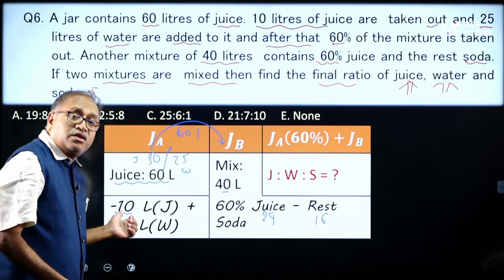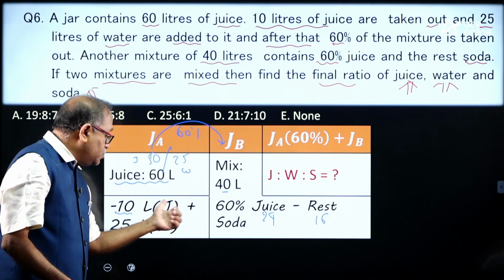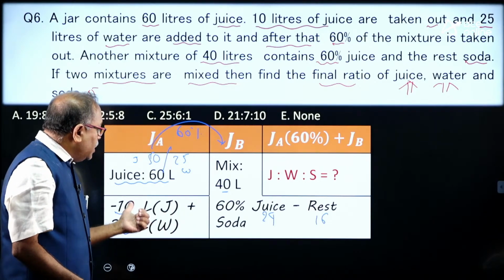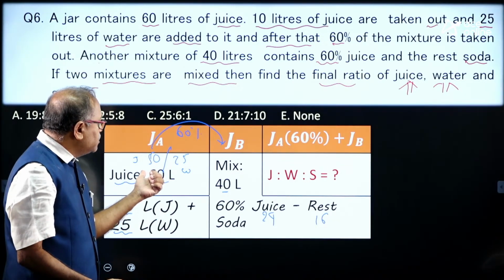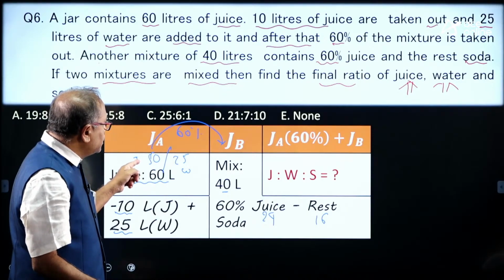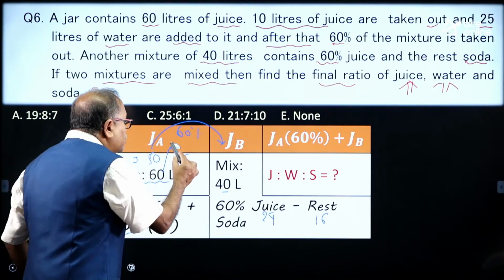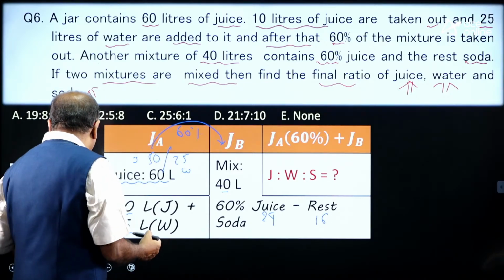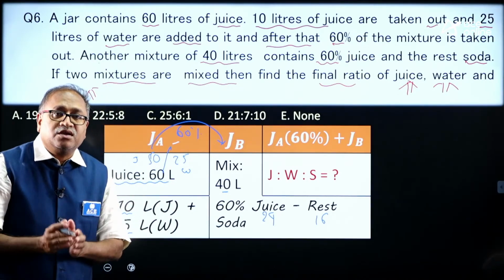So, 10 liters of juice is out. If the 10 liters of juice is out, now I am left with 50 liters of juice. And out of this 50 liters you are taking 60% out. I made a small mistake over here. 60% you are taking out.